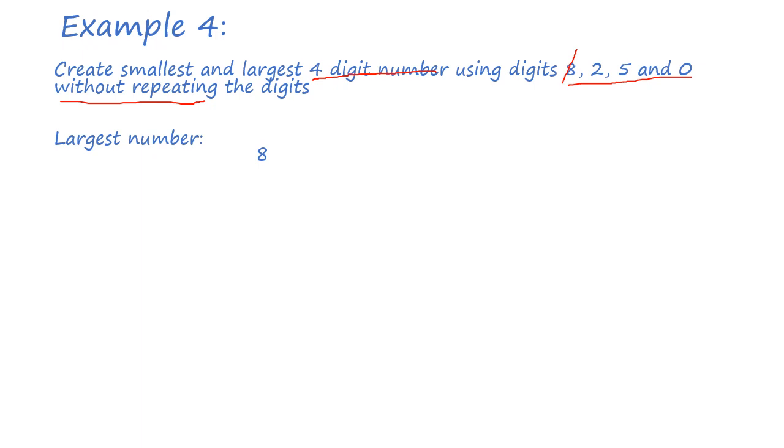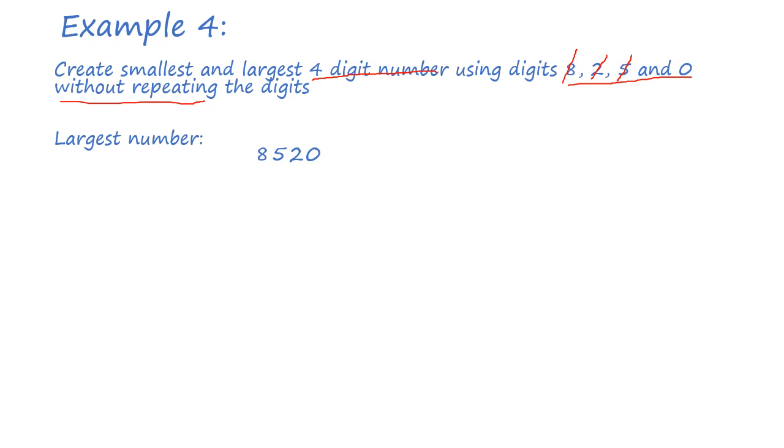We'll put the largest digit, that is 5, in the hundreds place, and since we cannot repeat it, I'll strike out 5 as well. For the tens place, we have to put the larger among the 2 available digits. So 2 is the larger, and I'll strike that out, and I'm left with 0 at the units place. So 8520 is the largest number that I can create using these digits.